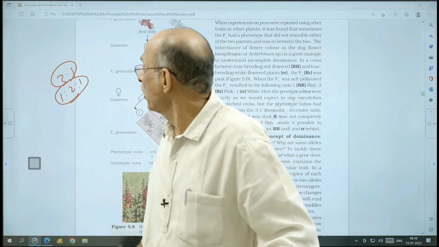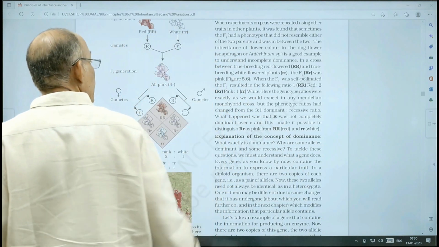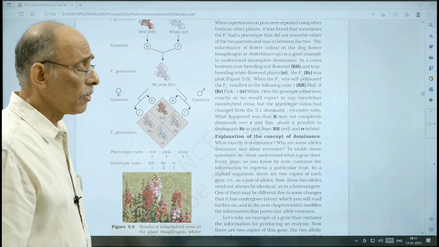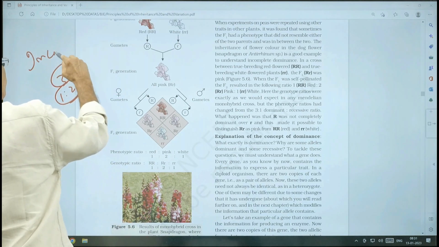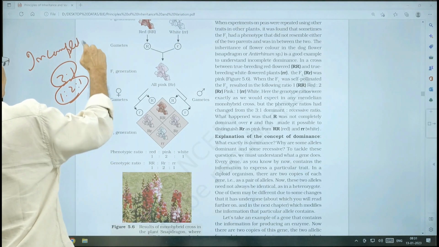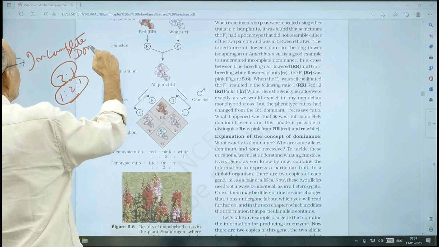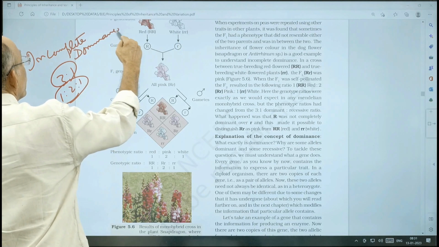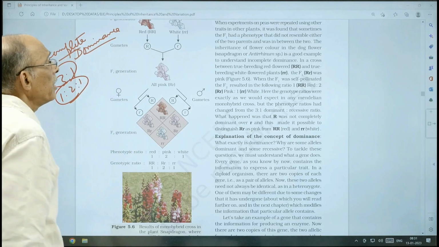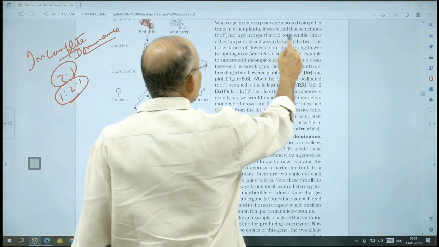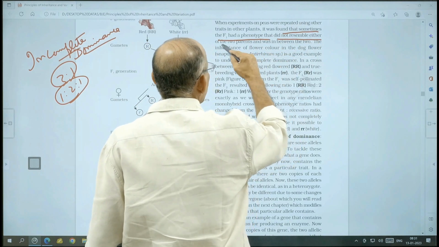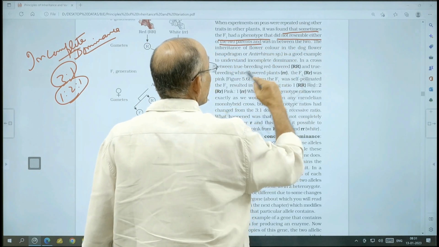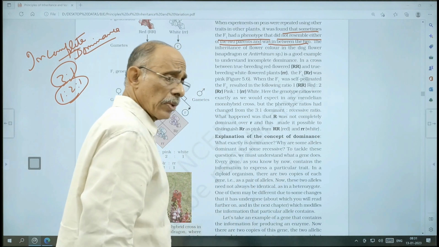One of the complex inheritances is interaction of factors. One type of interaction of factors is known as incomplete dominance. In incomplete dominance, it was found that sometimes the F1 had a phenotype that did not resemble either of the 2 parents and was in between the 2.